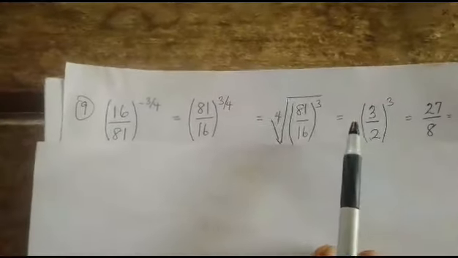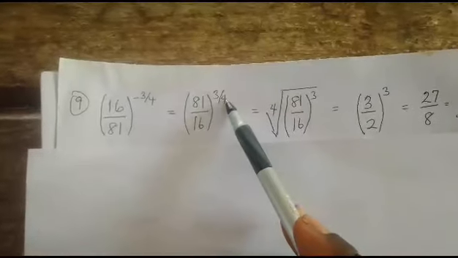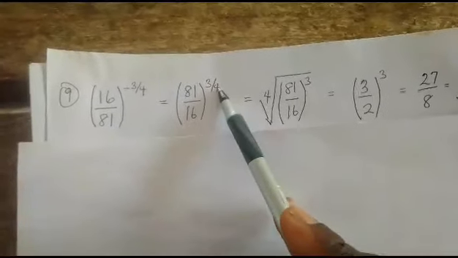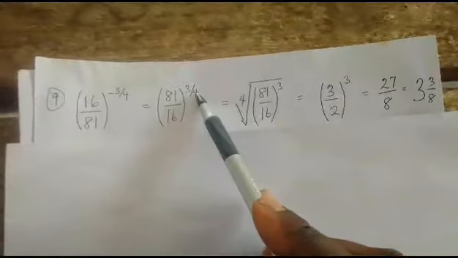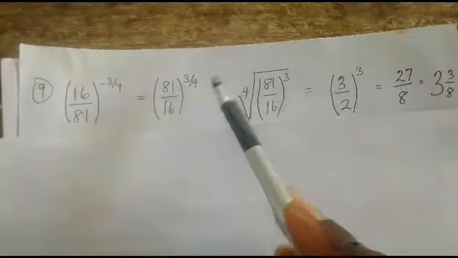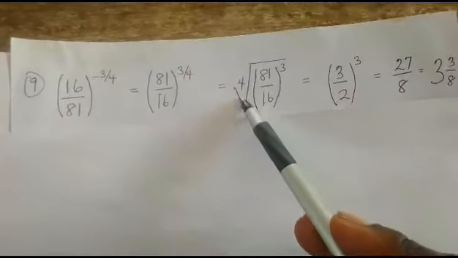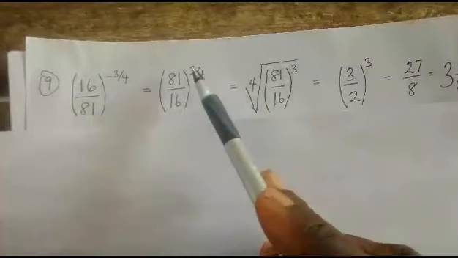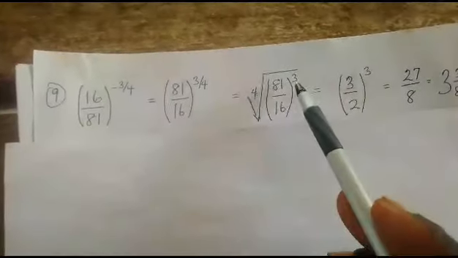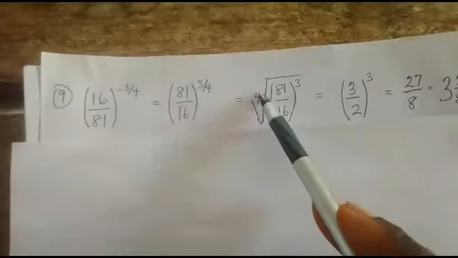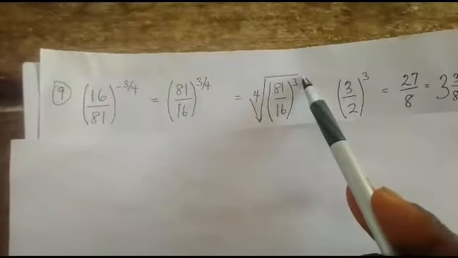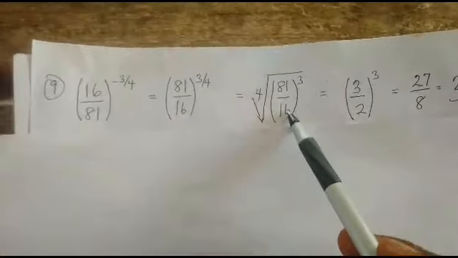Whenever we are having a fraction as a power, the denominator of this fraction, which is 4, is used to find the root, while the numerator is used to find the power. So you are going to use this 4, making the fourth root of 81 over 16.